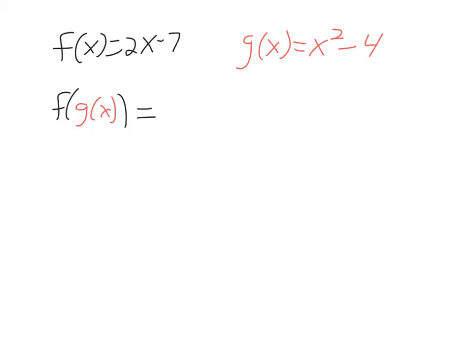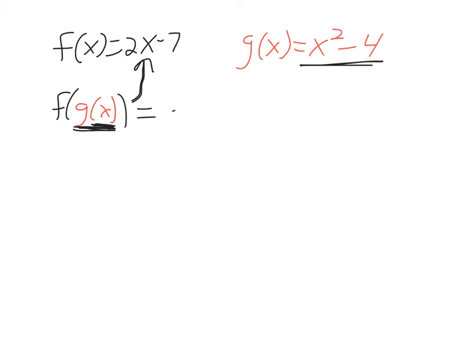Alright, now on this problem you can see that I don't have a number where I did before. So all this is saying is take your whole equation of g and put it into your f equation. So right where I put that arrow, you're going to slide out that x and put that whole equation of g into there.